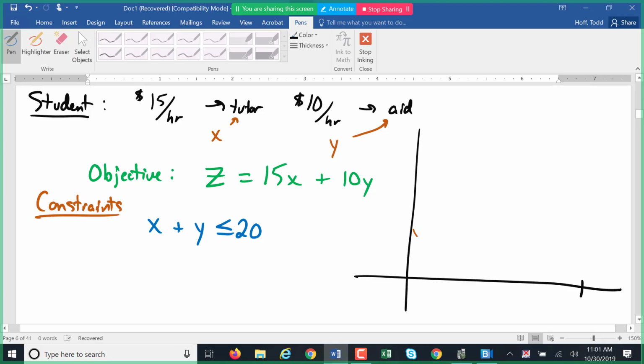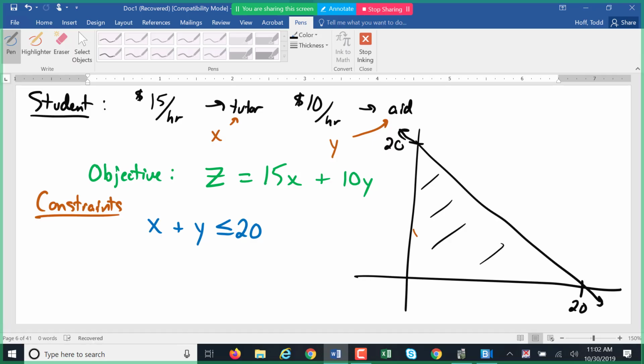So if you're going to graph that, this is 20, this is 20. X plus Y is less than or equal to 20. We graph that across there, we're shading inside there. Now notice I didn't go past the axes when I shaded. It's implied here that you can't work less than 0 hours a week. So the axes are also a constraint.